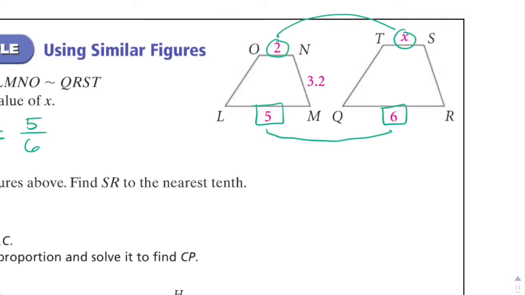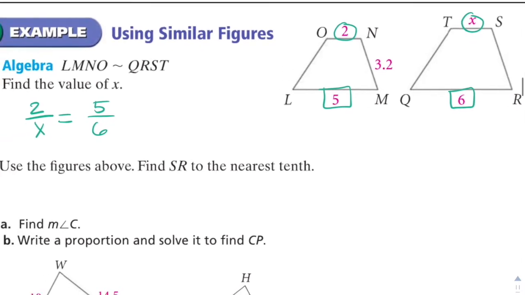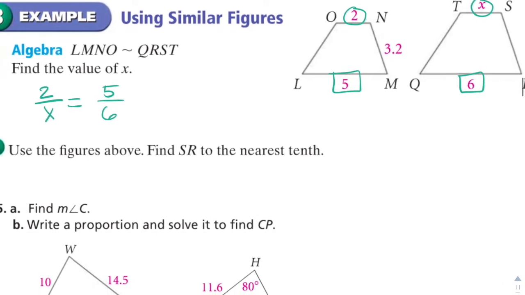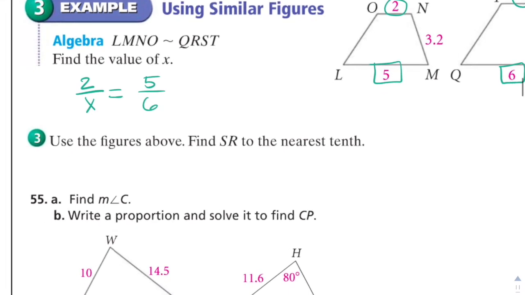So I'm going from the smaller to the larger trapezoid, or what appears to be a trapezoid. This is actually just a polygon. I don't have anything to tell me that it's a trapezoid. There's no parallel sides. So I'm just going to say 2 is to X as 5 is to 6 for these polygons. I'm going to find the cross products.